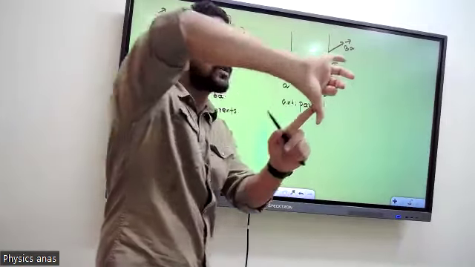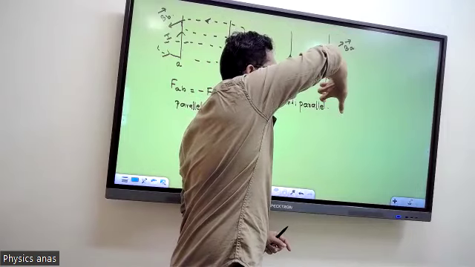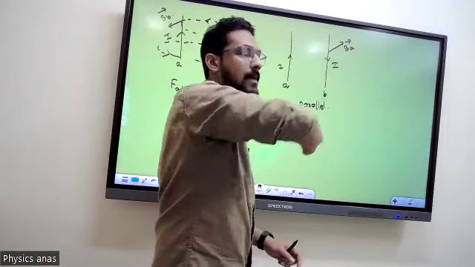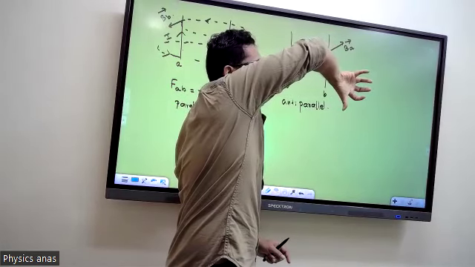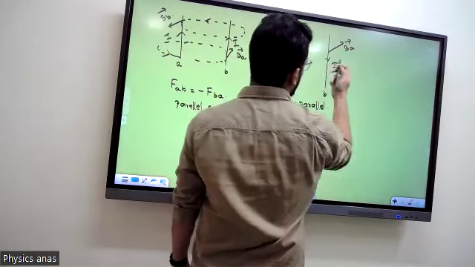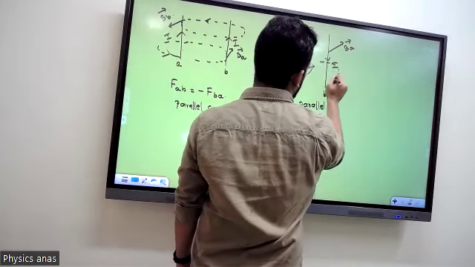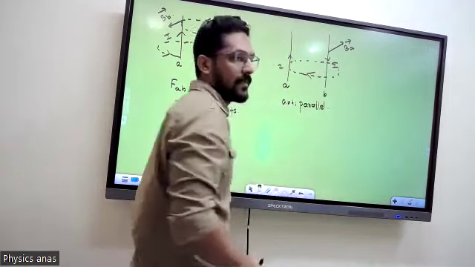So you have to put your thumb in the downward direction, and the direction of the magnetic field is given by the encircling fingers. So the magnetic field is from here to here. So it will be like this.